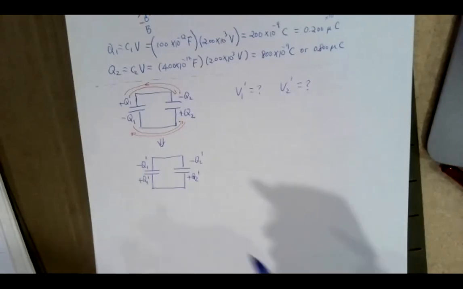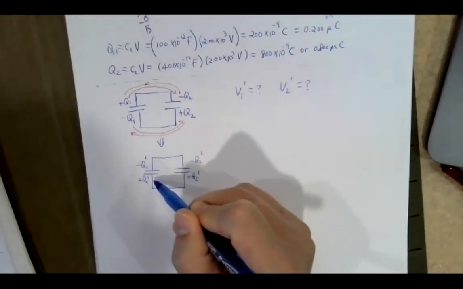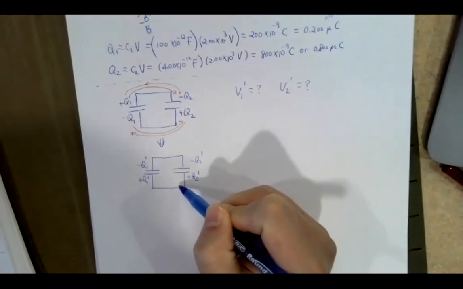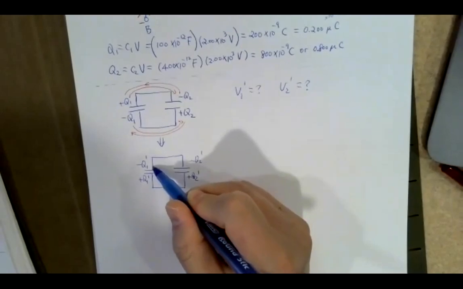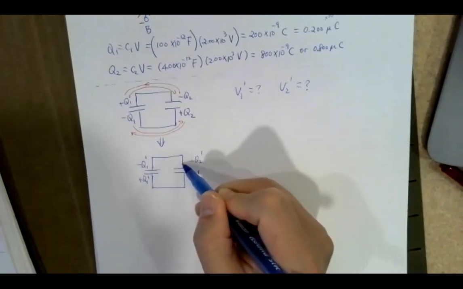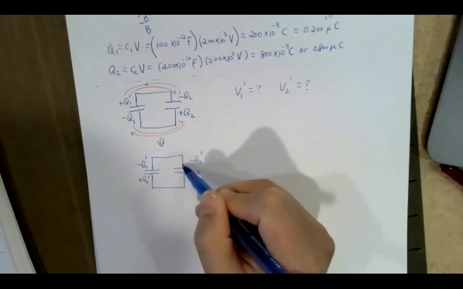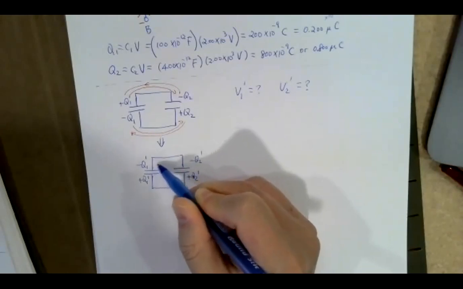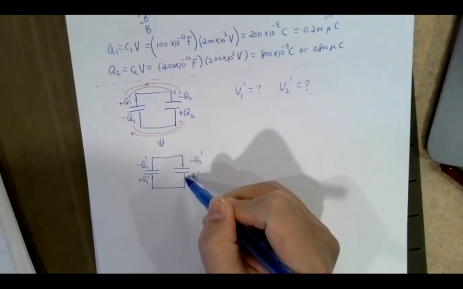Now, in this case, we can see afterward, because the top plates are connected together, and the bottom plates are connected together, right? So if you have voltage across capacitor 1, then that will be the same voltage across the second capacitor, right? Because the top plates are connected and the bottom plates are connected by a wire.